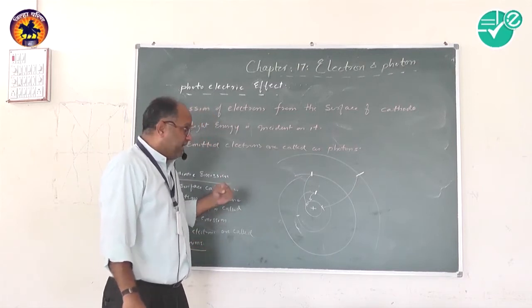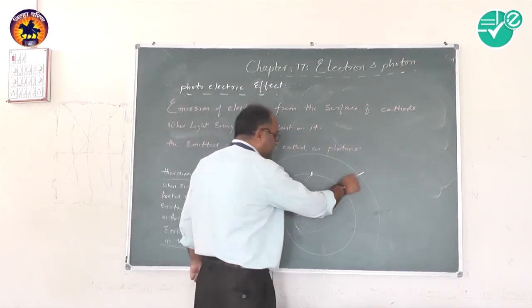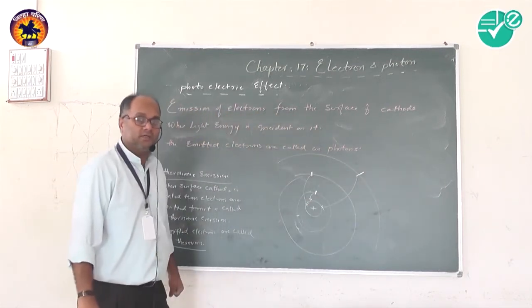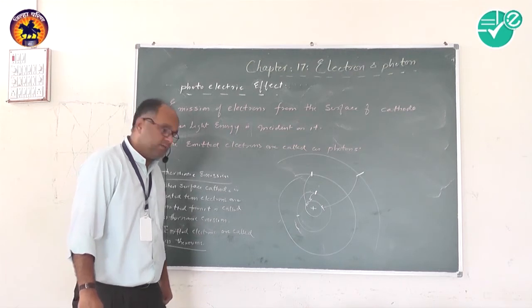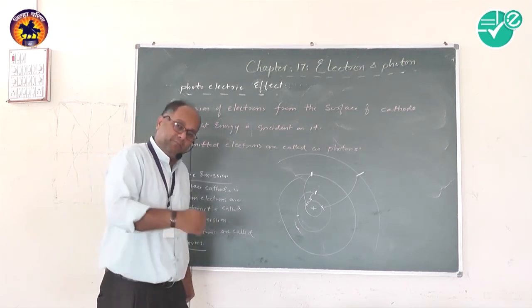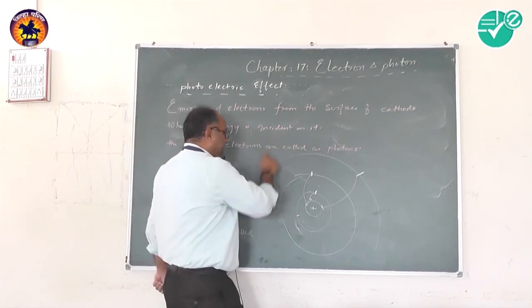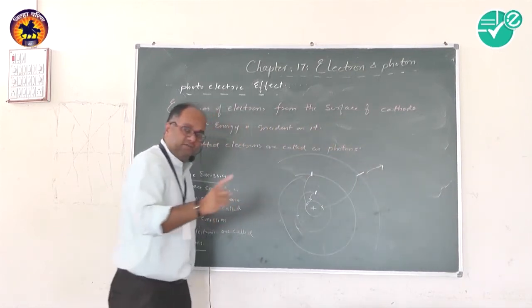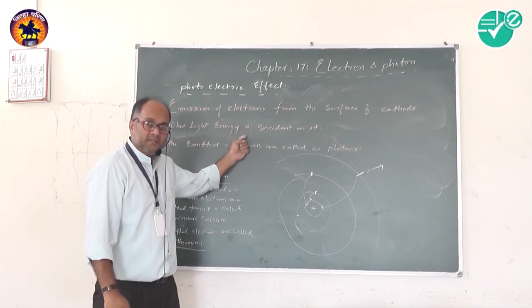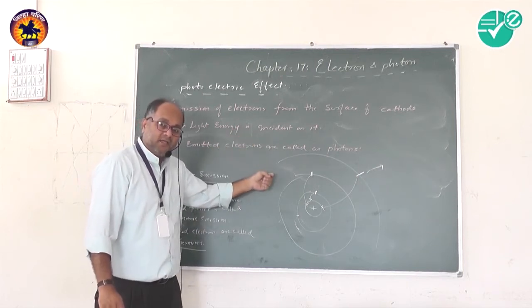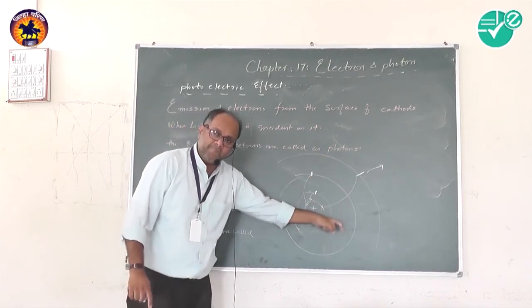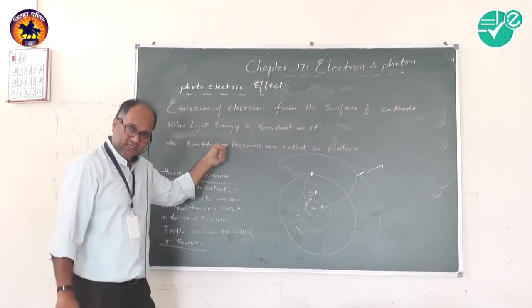So if I want to remove an electron from the influence of the nucleus, I have to give it energy equivalent to the binding energy in the opposite direction. Here in these two cases, in one case we give the atom energy greater than the binding energy in the form of light energy, and that is called the photoelectric effect.